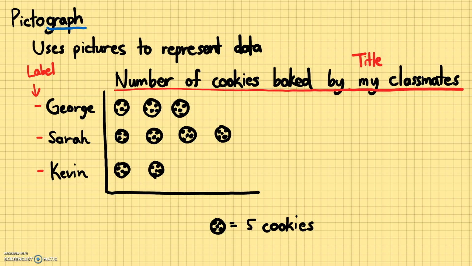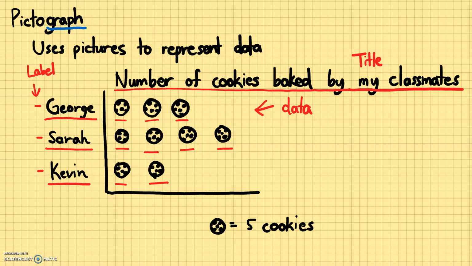Okay, so we know that the first data here is related with George, the second data here is related with Sarah, and the third data here is related with Kevin. Okay, and on this side we have the actual data here. So we can see that George has 3 pictures, Sarah has 4 pictures, and Kevin has 2 pictures.